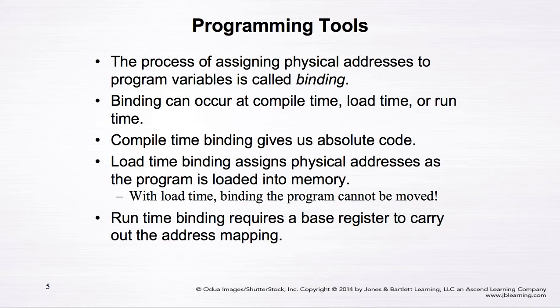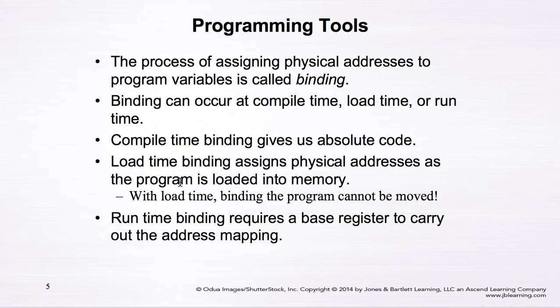The process of assigning physical addresses to program variables is called binding. A binding can occur at compile time, load time, or run time. At compile time, binding gives us absolute code. On the other hand, load time binding assigns physical addresses as the program is loaded into memory, and with load time binding, the program cannot be moved.